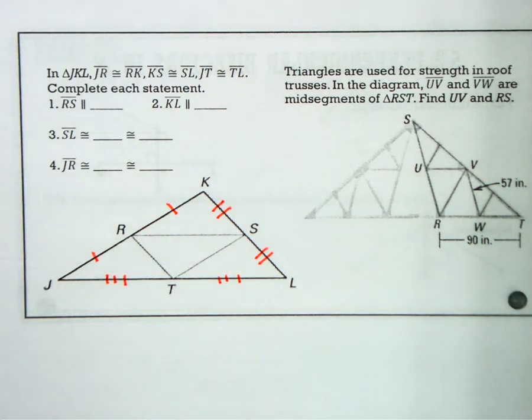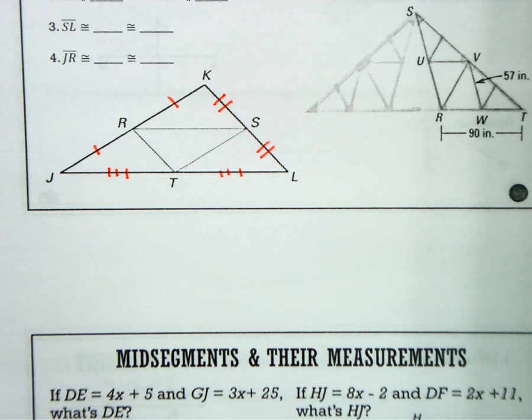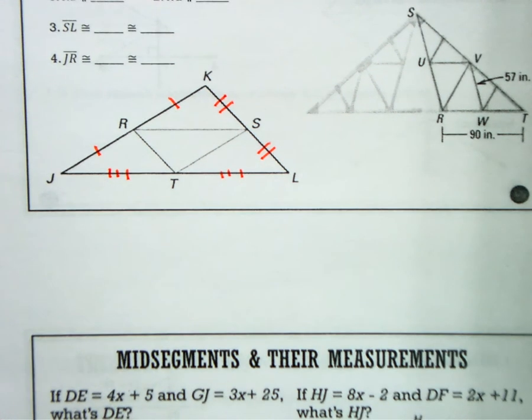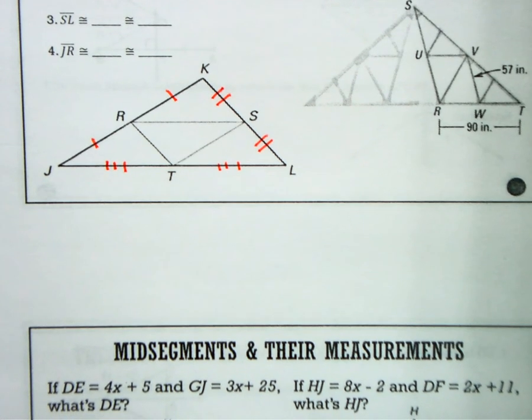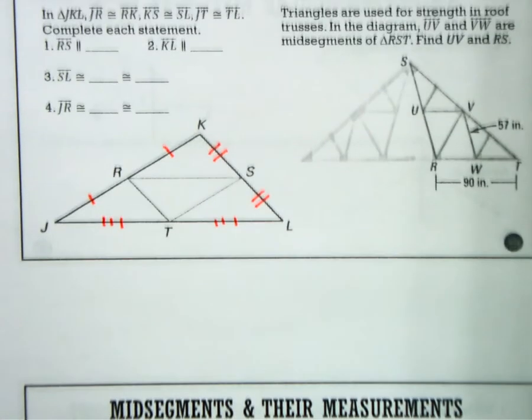Okay, so when you put those markings on the triangle, what they have told you is simply that, hey, these are mid-segments. This is mid-segments, and you can use this special rule. Okay? So the first question is asking you, what is RS parallel to? RS is the mid-segment that goes with which base?